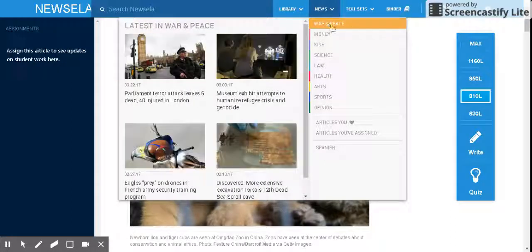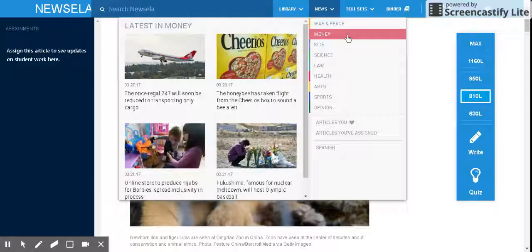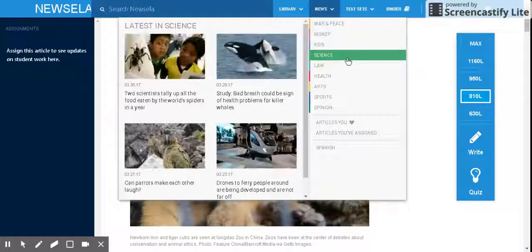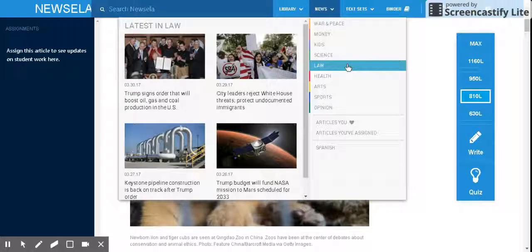So for example, if I hover over War and Peace, it's going to show me the latest articles that Newsela has put into their system and rewritten into those 5 levels for topics that are in War and Peace. If I hover over money, the same idea. These topics are in the money category. I can go to kids, I can go to science when I'm starting to reach into all the other disciplines.